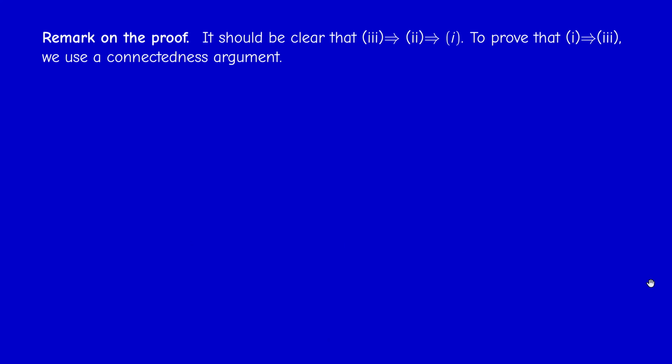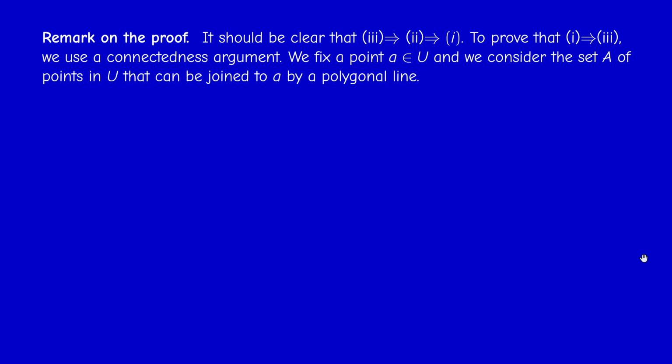So what do we do? We fix a point a in U, and we consider the set capital A of all points of U that can be joined to a by a polygonal path. Then we prove that A is not empty. Of course, it's not empty because it contains small a; a can be joined to itself by the constant path. And it's open and closed.